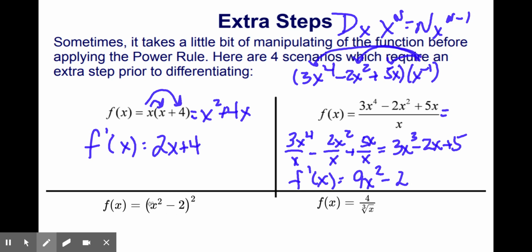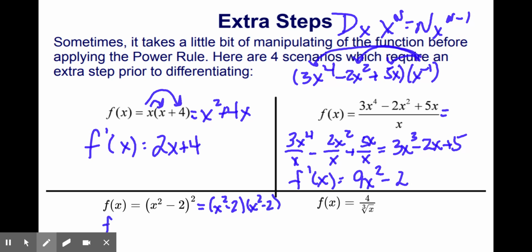This kind of looks like it. It is something to a power, but it's not x to the power. Like I said, we are at the most basic rules that you could be at. If it doesn't say x to the power, you can't use the power rule. So this would have to be multiplied out first before you can use the power rule.